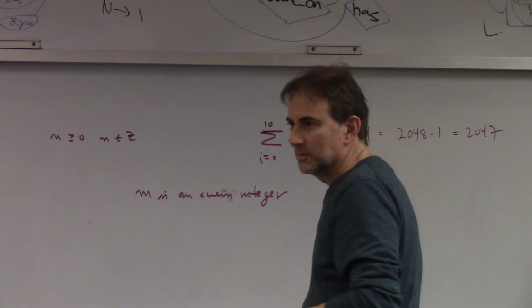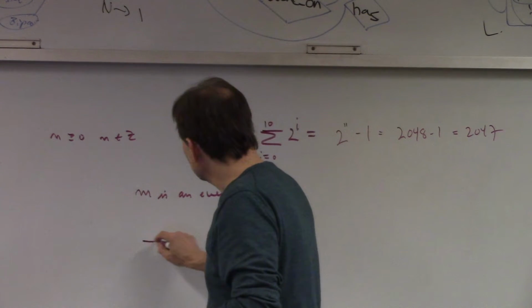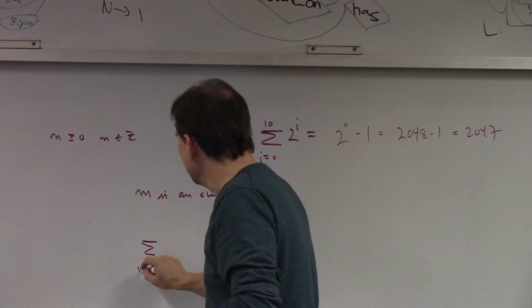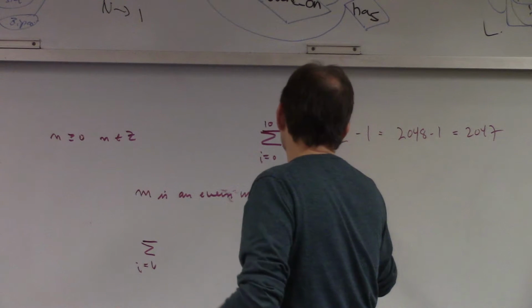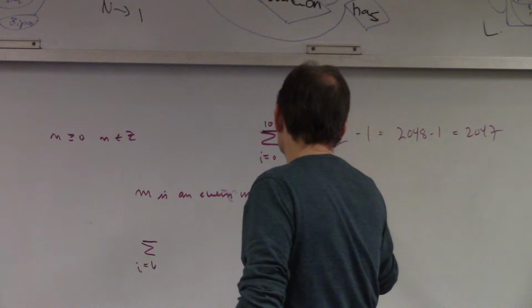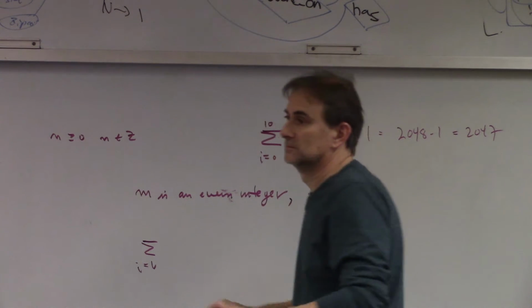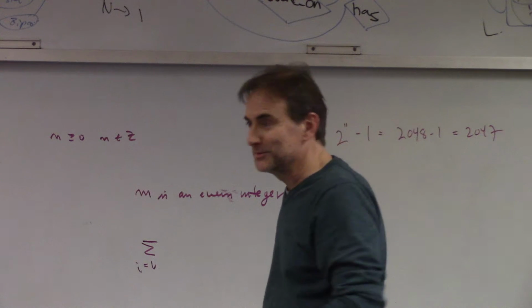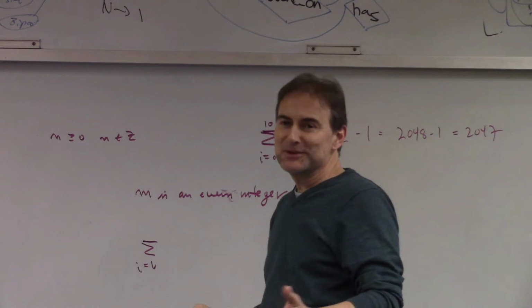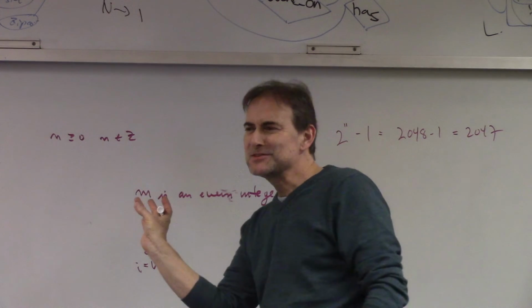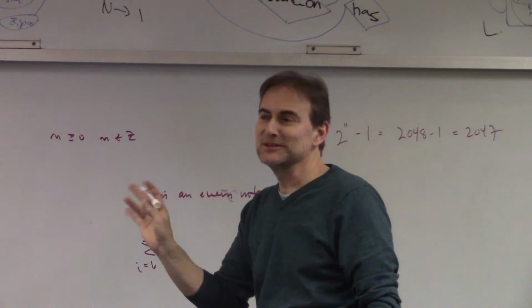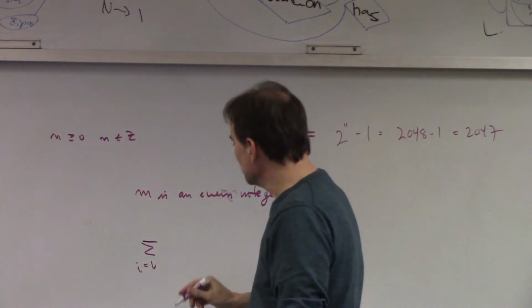I don't know why it's even, but okay. I want to compute the sum, with m an even integer also greater than 2, just to make sure I don't have any problems. Maybe it's okay if it's 2, but I'll make it greater than 2 to be safe. You can always look at a small case individually and say, okay, also true.